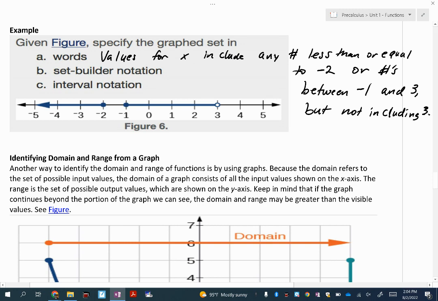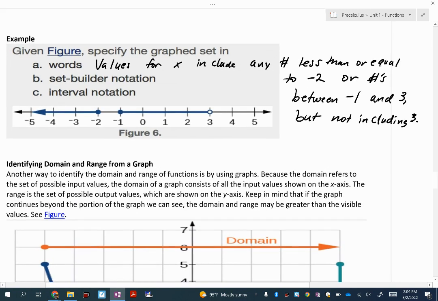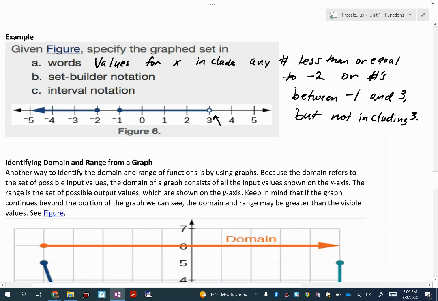All right, you'll notice the reason I chose not including 3 was because we have this open circle at that +3.